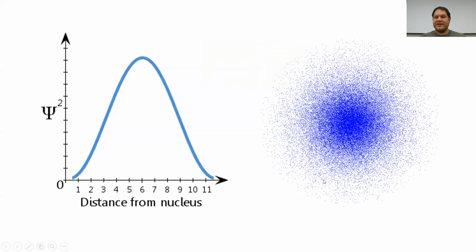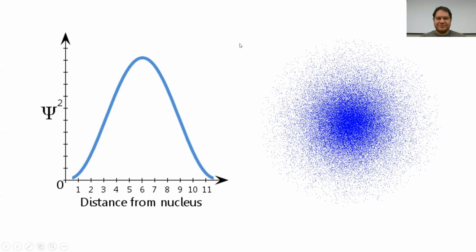Not where it will be at any given time, but where it might be, or the probability of where it might be at some instant in time. And so what we get is a graph shape of the wave function.